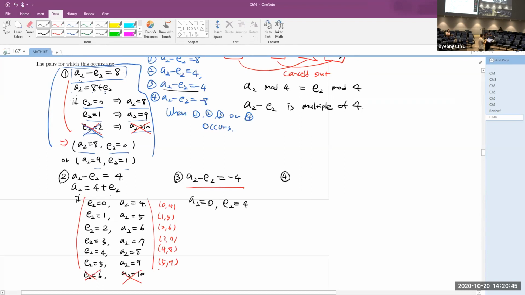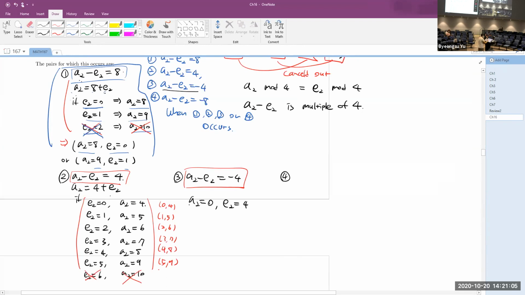Because the difference between number 2 and number 3 is just the sign. So if you swap the two numbers, from A2 to E2 and E2 to A2, you get the same number with a different sign, right?